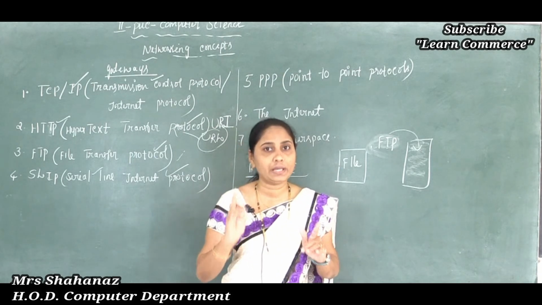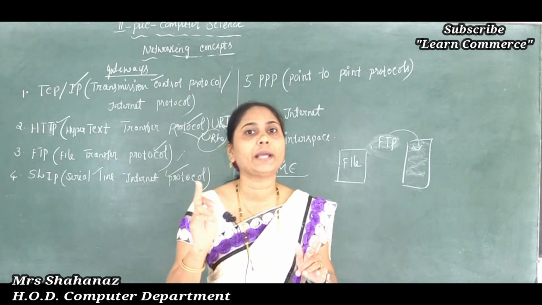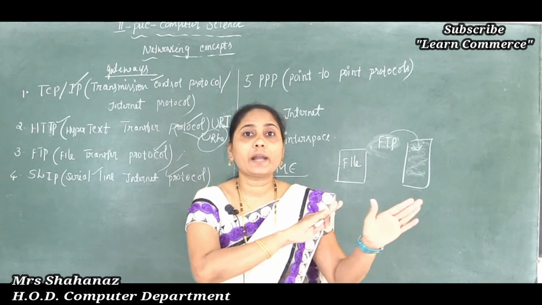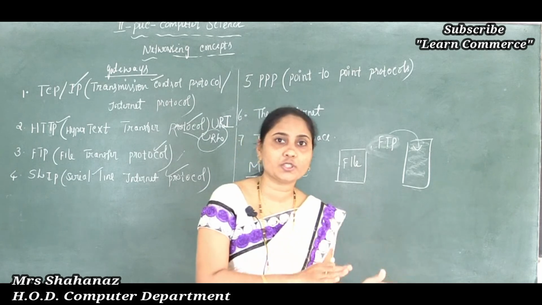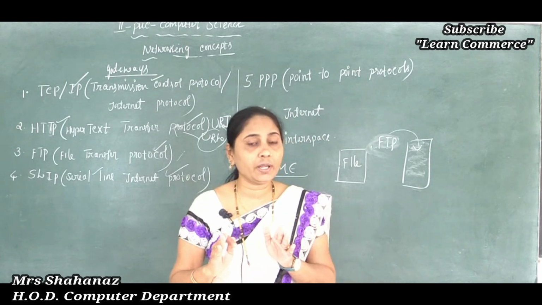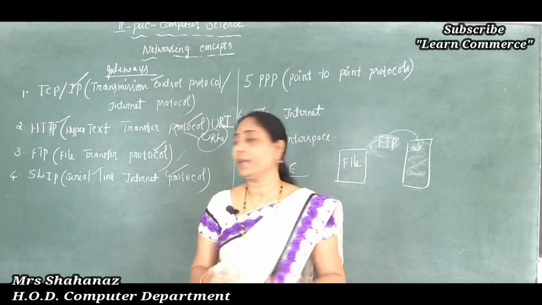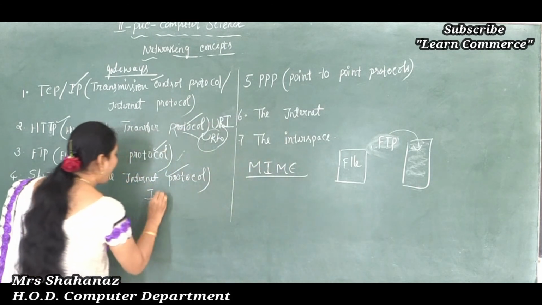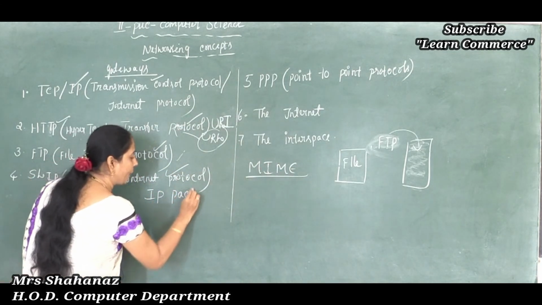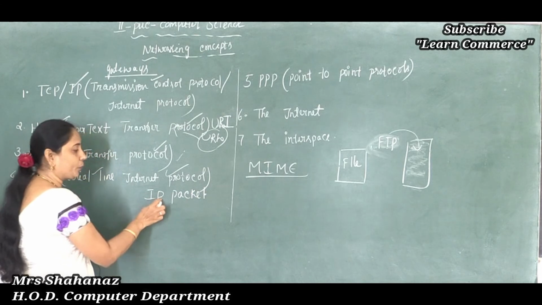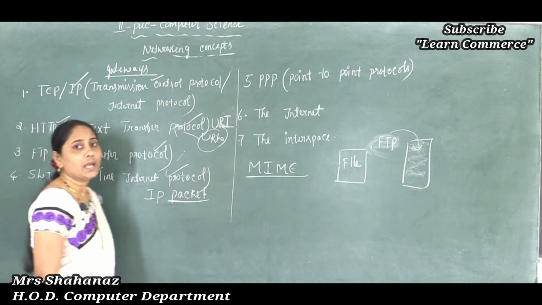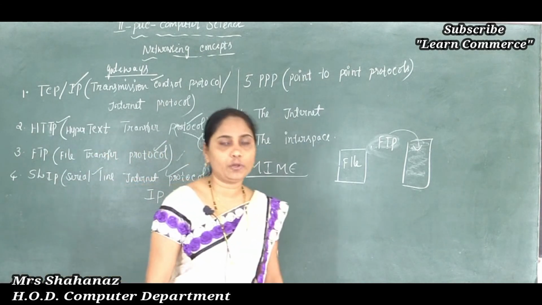Relaying means transferring information from one place to another. So transferring or relaying the IP packet. We know the meaning of the IP packet: our Internet Protocol packet. The packet means a piece of information.